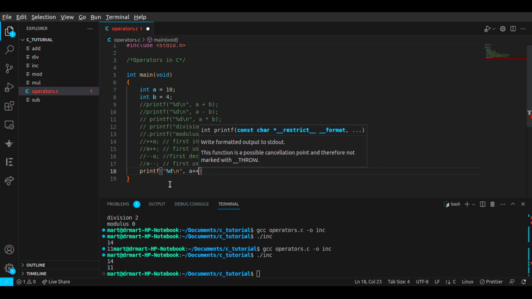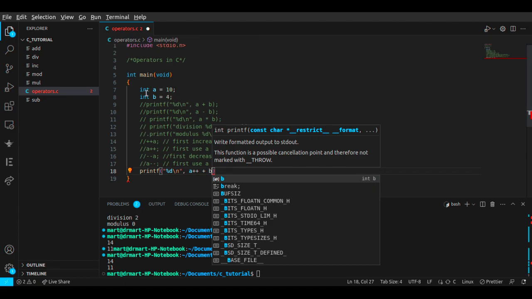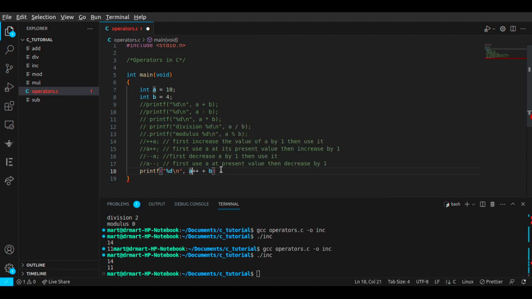I want to first do a plus plus, then plus b. So right now b is 4, a is 10. With what I explained here, this is a plus plus. So what this is going to do is first of all use a. So a is 10 plus 4. If you are guessing the answer of this should be 14, then you are correct.